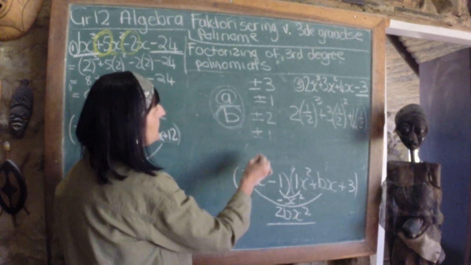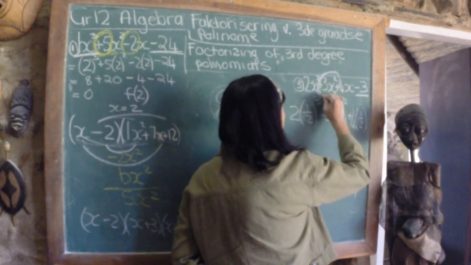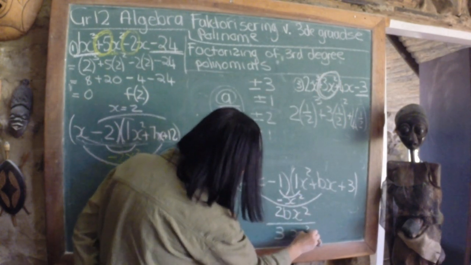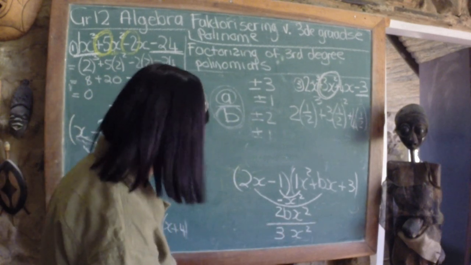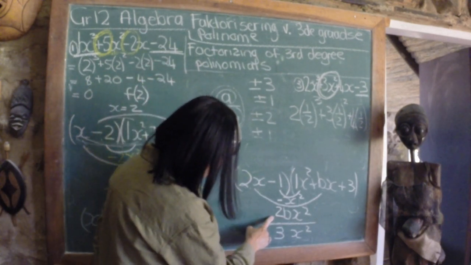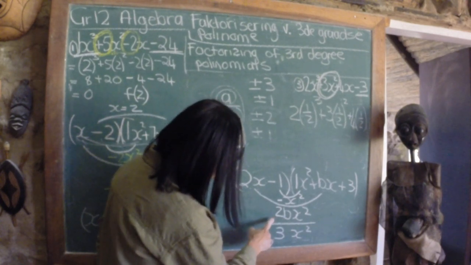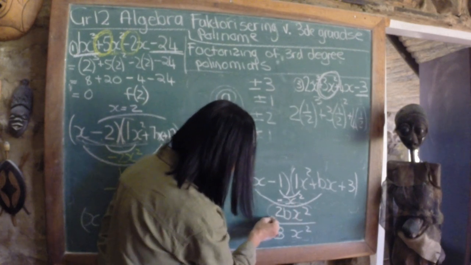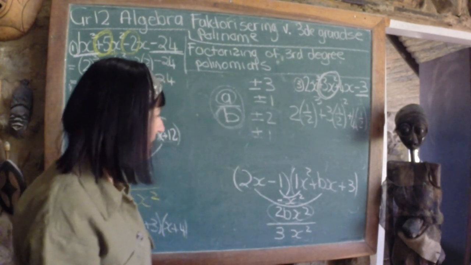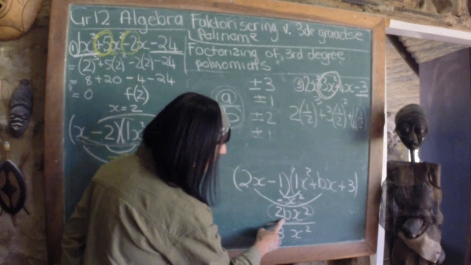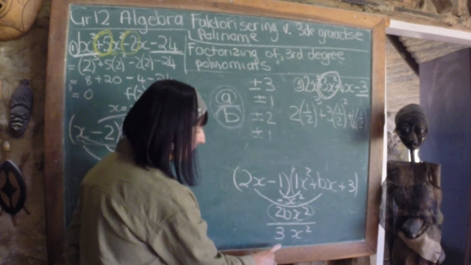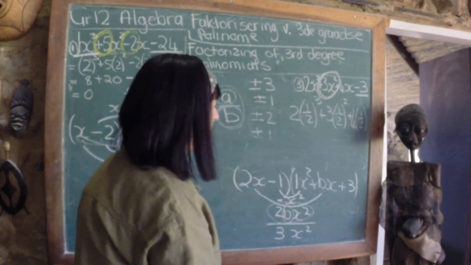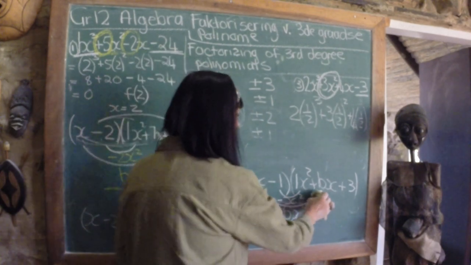If you add that up, you must get plus 3x squared. So what must that one be? If I have minus 1 plus 2 times bx squared, then that one must equal 4. Because we've got 4x squared minus 1x squared gives me 3x squared. So what must b then be? b must equal 2.